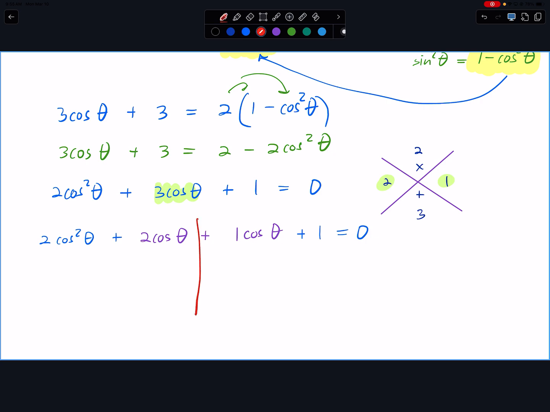GCF. 2 cosine. So I'm going to be left with cosine theta plus 1. Copy paste. What must I put here? A 1.